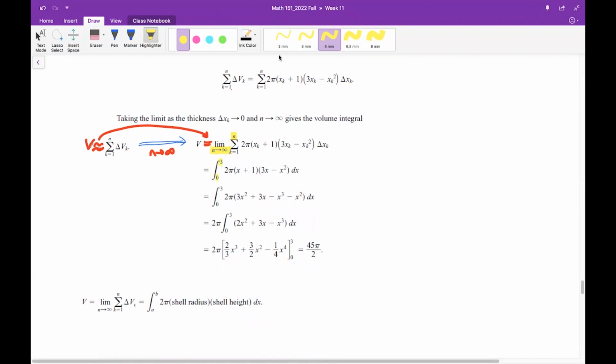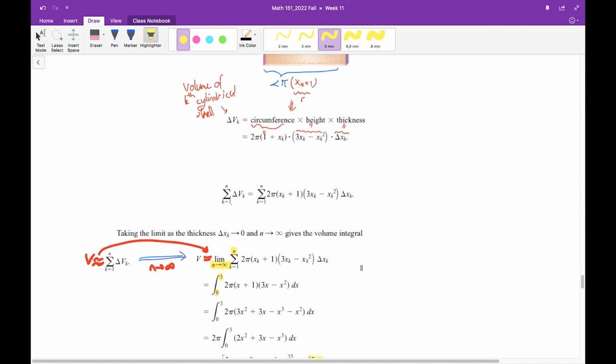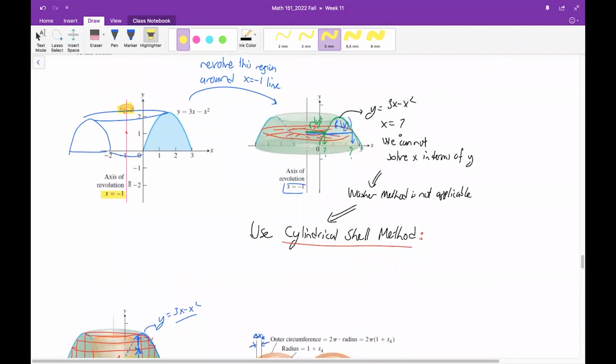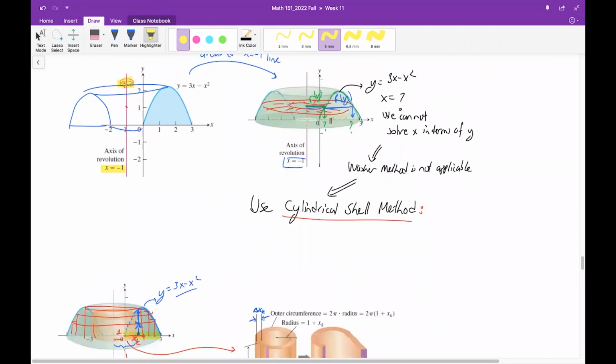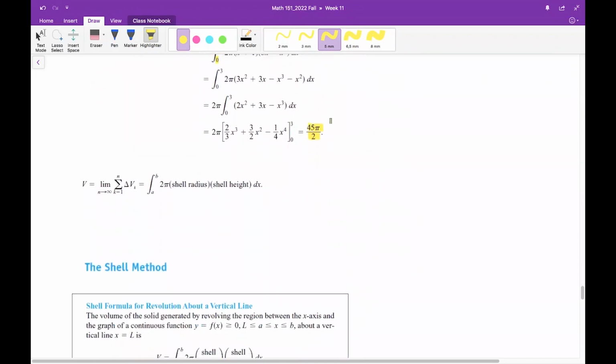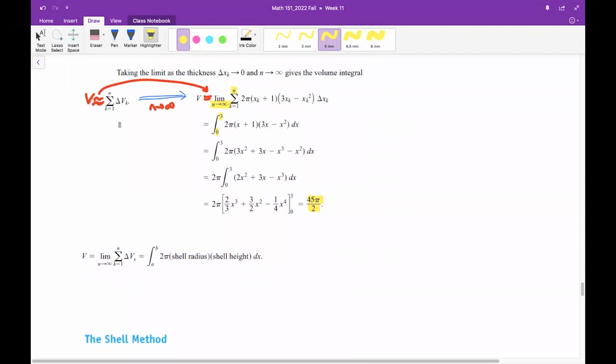So if you compute this definite integral, this number gives you the volume of the solid object obtained by revolving this region around the line x equals 1. So it looks like this. We used very thin cylindrical shells to obtain its volume. So what you see here is this Riemann sum expressed in terms of the definite integral, where this was the radius and this was the height and this was the thickness.